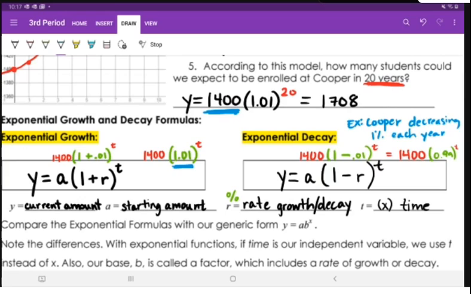So that's why you have exponential growth. But with decay, over here we're taking 1 minus something, so you'll end up with a number less than 1. That's why you end up with decay. Your base less than 1.